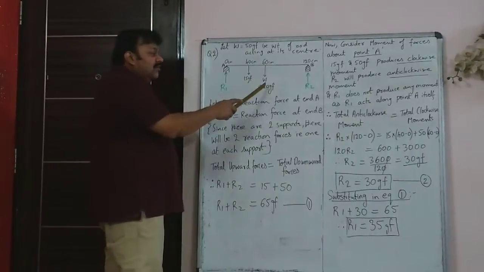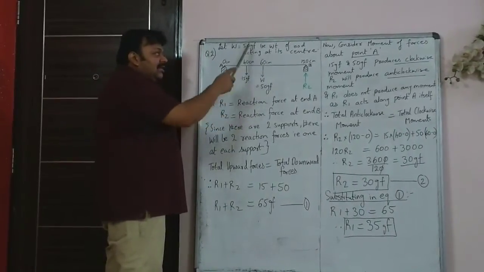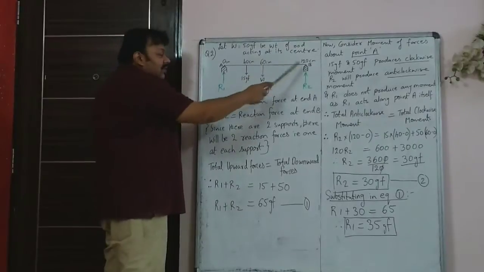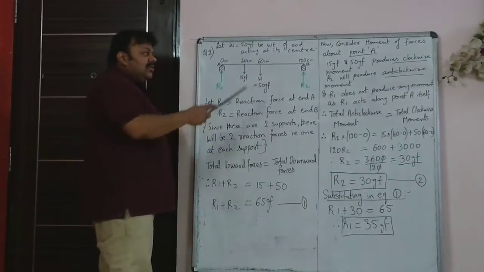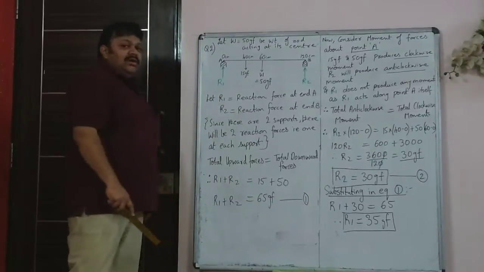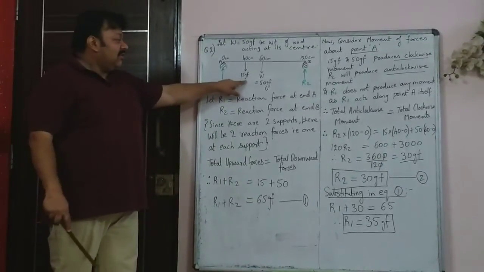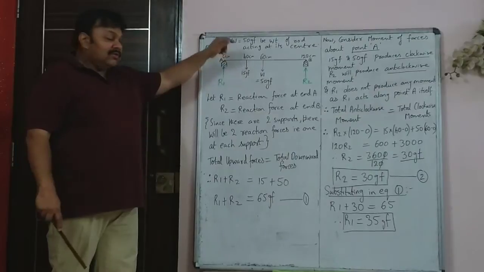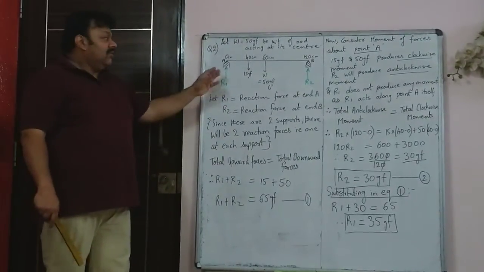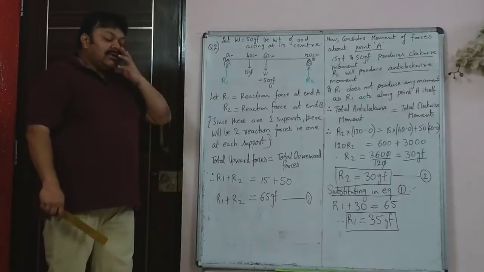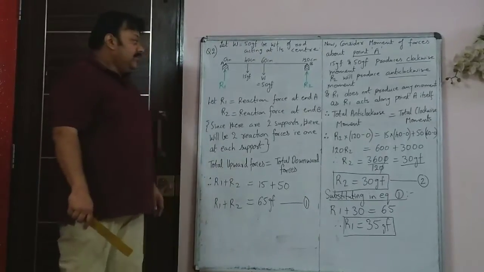So firstly you have the weight of the ruler acting at the center, that is at the 120 divided by 2, 60 centimeter mark, and the question also says that there is a second weight, 15 GF, which is hung at the 40 centimeter mark from the first end. The first end is the 0 centimeter mark end.